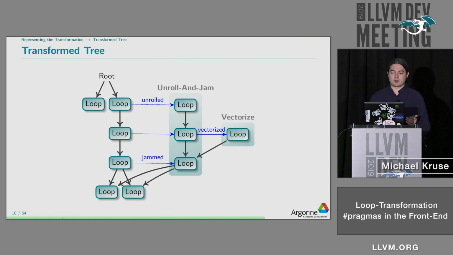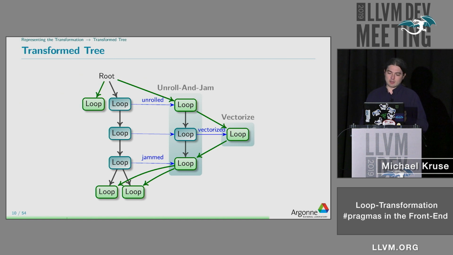Let's say we want to apply vectorize on the middle of the loops. Here we apply the vectorize and point from the previous node to the most recent loop after vectorization. That means after these have been applied, this data structure represents this loop structure, which is the final form after the transformation.